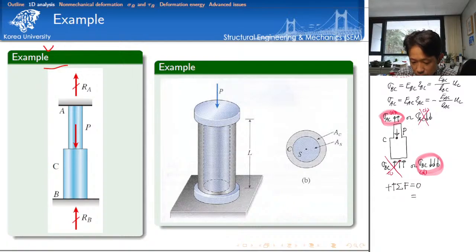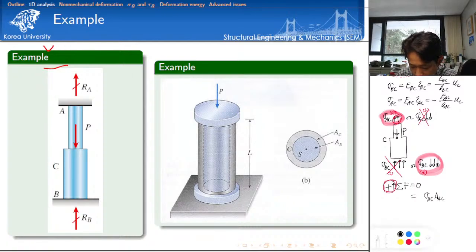The first part on top of the structure is sigma AC multiplied by the cross-section area of segment AC, and its direction is upward. According to the choice of this coordinate system, upward is positive.